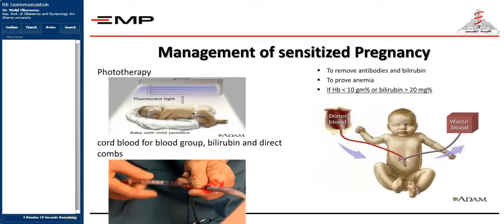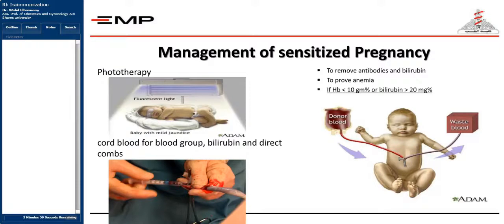What is the management of a sensitized pregnancy or a delivered baby? First of all, we should assess the baby properly, and we should assess the amount of hemolysis or the amount of anemia, and we should also assess the degree of hyperbilirubinemia present. There must be cord blood for blood grouping, bilirubin and direct Coombs' test.